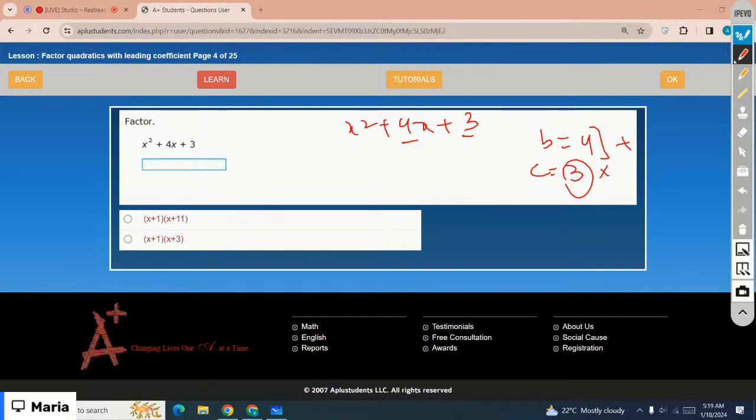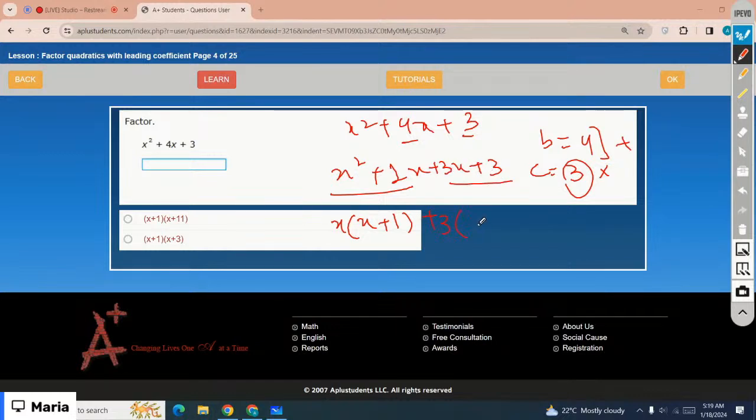Yes, that is x plus 1 and 3 are the factors, right? 3 times 1 is 3 and 3 plus 1 is 4. That is x square plus 1x plus 3x plus 3, right? From here we can take common x and we are left with x plus 1.